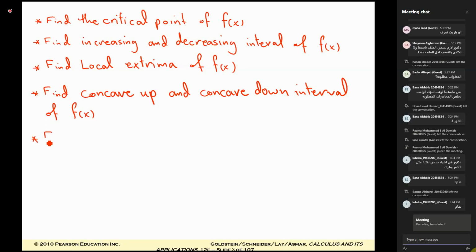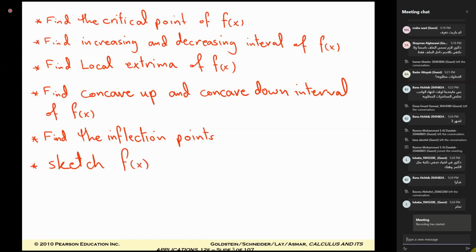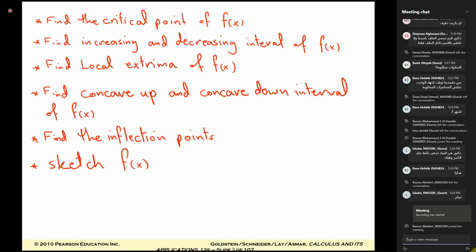Also, we can find the inflection points. Also, we can sketch f of x. And the last subject in this chapter is to find the solution of some optimization problems.